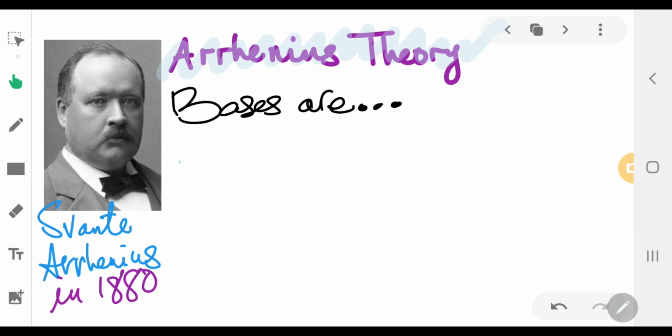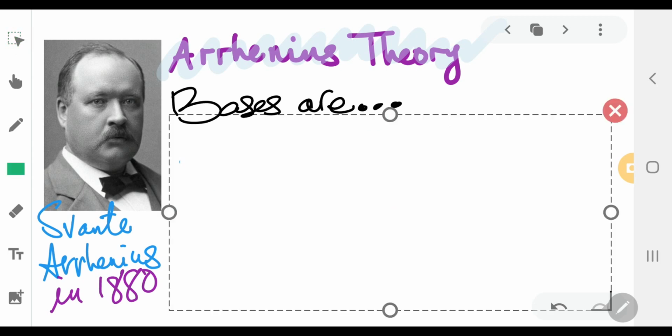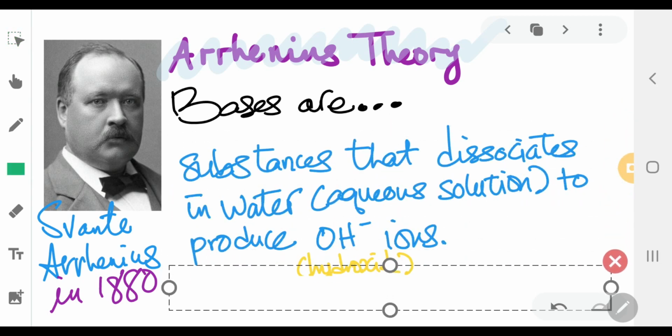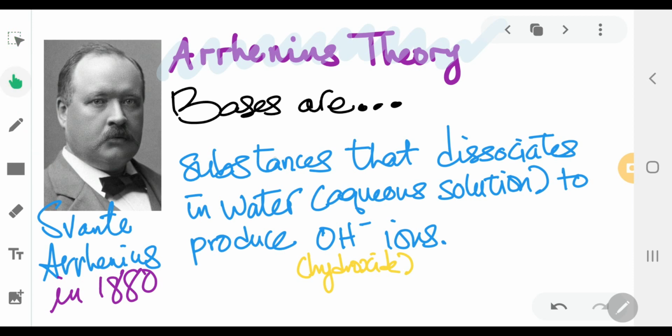According to Arrhenius theory, bases are substances that dissociate in water or aqueous solution to produce OH minus ions. Okay, OH minus, the name is hydroxide, so you can pronounce this as hydroxide ions.